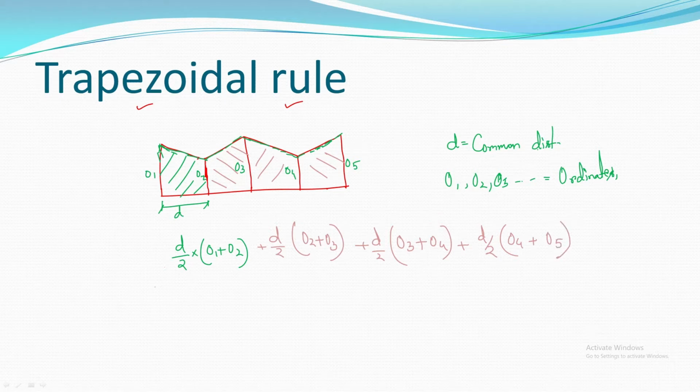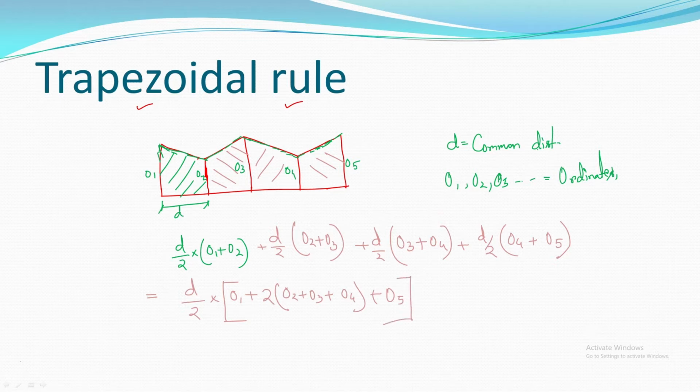So if you sum up all this, what you will get is d by 2 into O1 plus 2 into O2 plus O3 plus O4 plus O5.